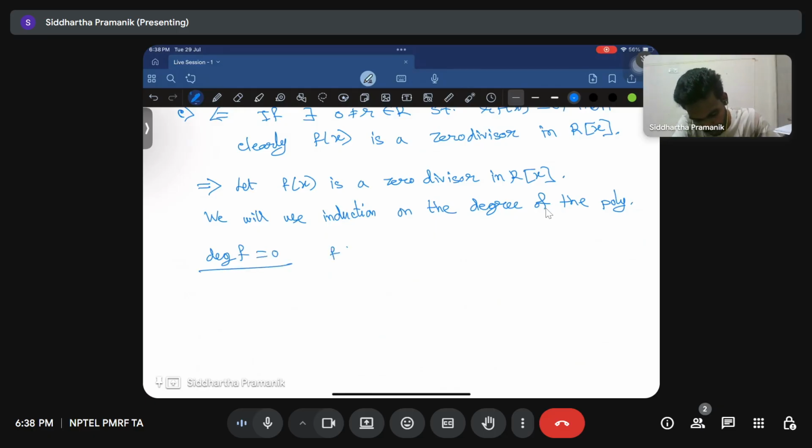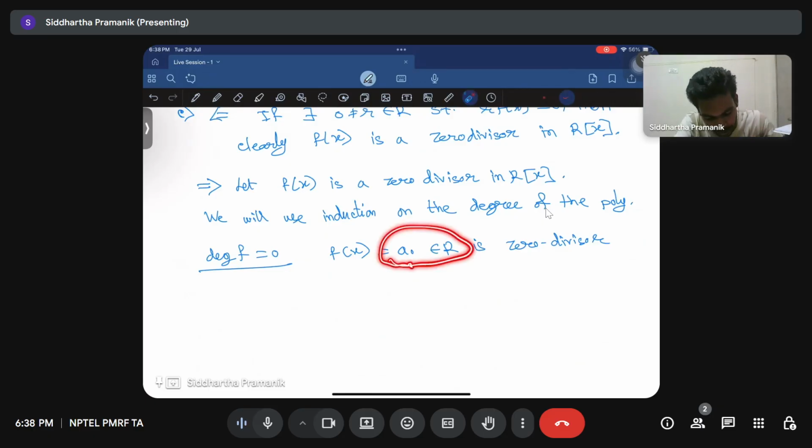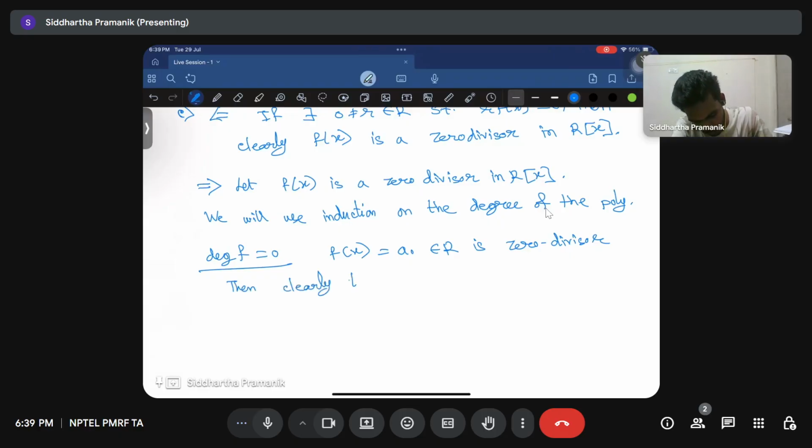Then f(x) is just a, which belongs to R, and is a zero divisor. Then clearly the result holds, right? Because in R, being a zero divisor means it will be killed by a non-zero element of R. Then clearly the result holds.